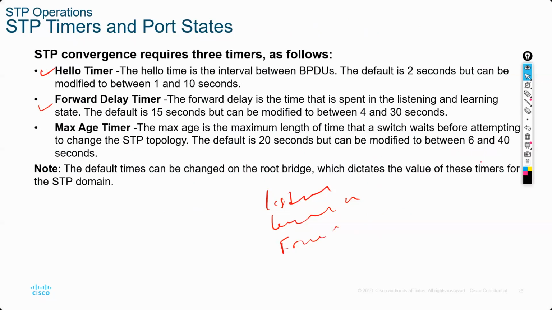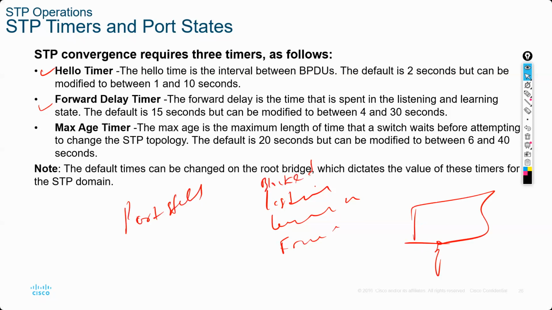So what do we mean by that? Let me give you a scenario. Anytime you plug a computer into the switch, you see that it takes a long time for the port to start passing information or for you to even get an IP address. The reason is that the port is going through what we call different port states. Your port on the switch at the initial stage is in a blocking state, if you have not plugged in any cable.